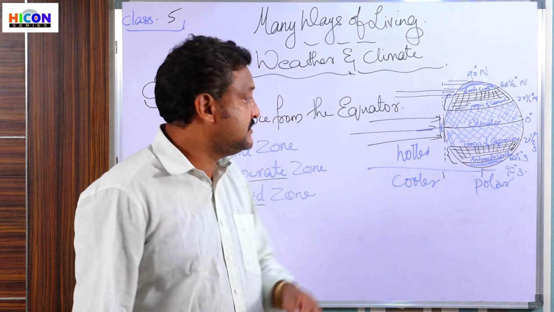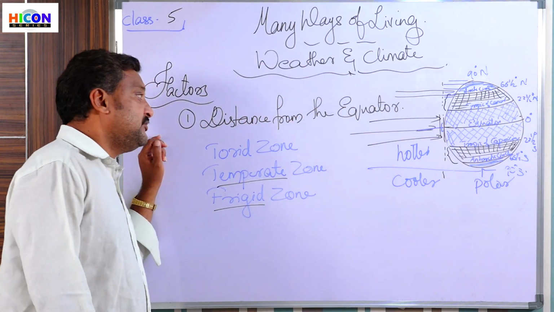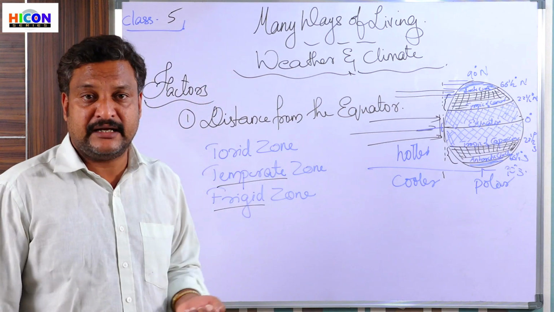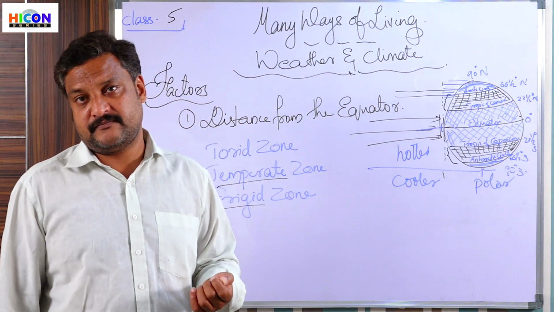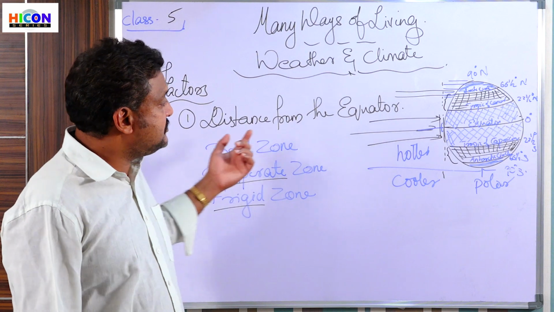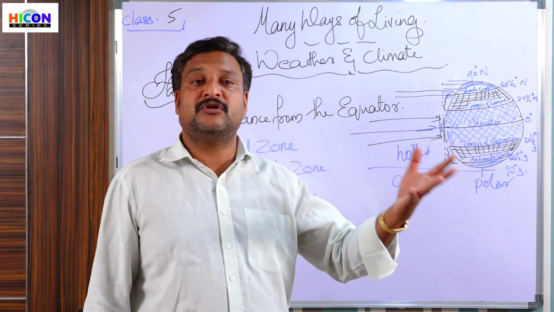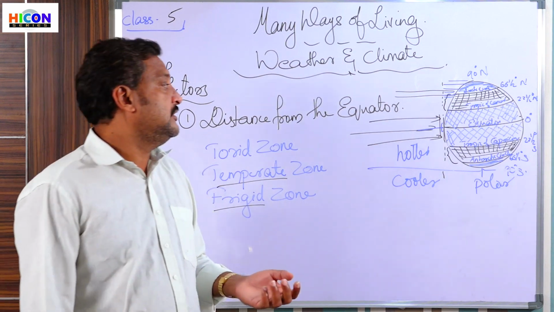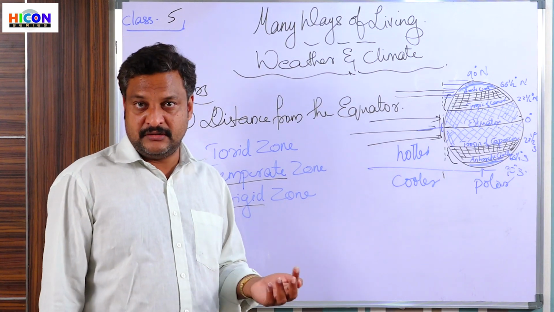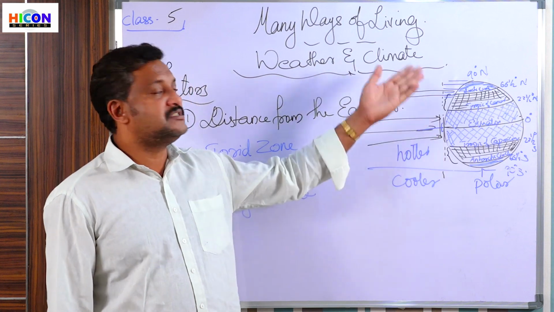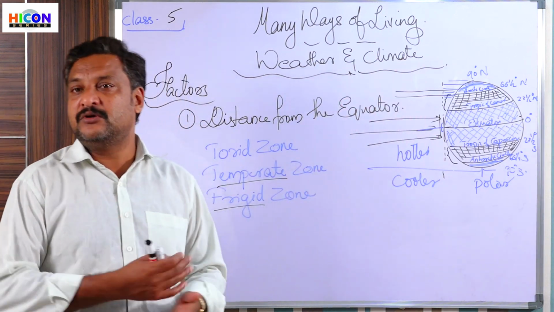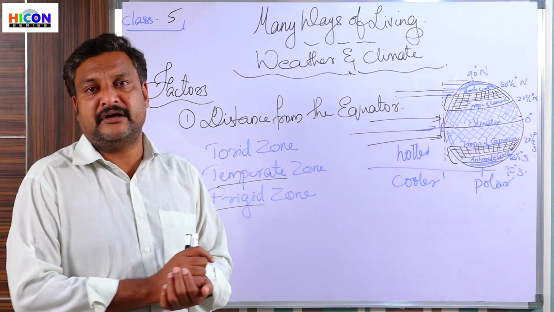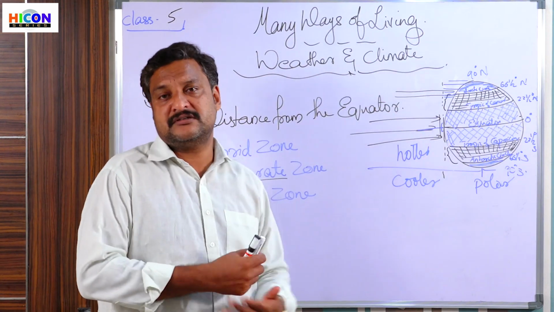So that is how the distance from the equator plays a vital role in deciding the climate of a region. The equator receives the maximum amount of sunlight, the hottest sun rays on the earth, and as we go north and south it reduces and reaches very cold climatic conditions at the North Pole and South Pole.